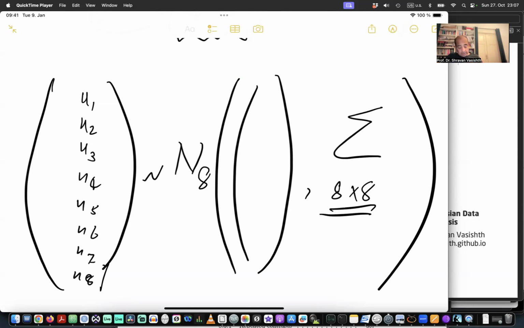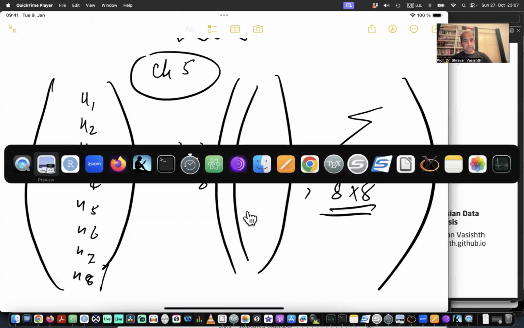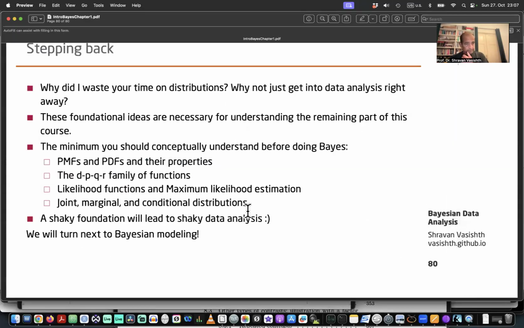This complex world is what we will end up with in chapter 5. That's why it's very important to be very clear about how you build up a multivariate distribution. That's the relevance of this foundation chapter. Hopefully these topics are now clear.